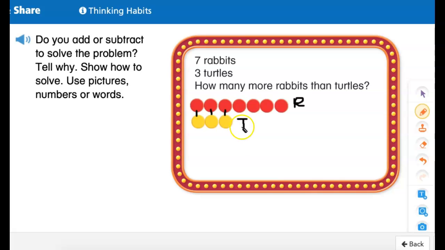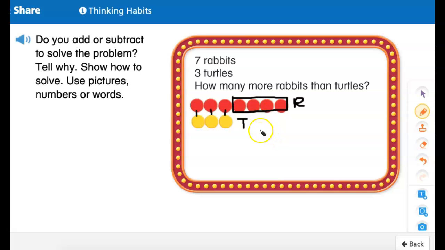Oh, but after that, I ran out of turtles, but I still have these rabbits left. So how many counters are left? 1, 2, 3, 4. So I have 4 more rabbits than turtles.